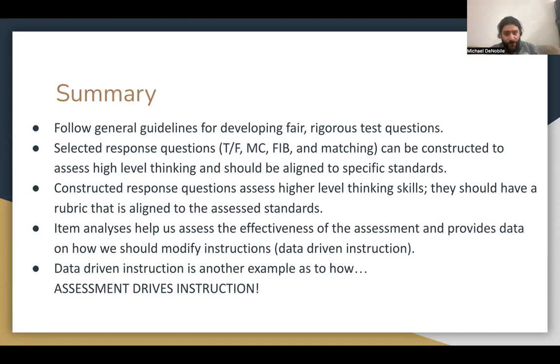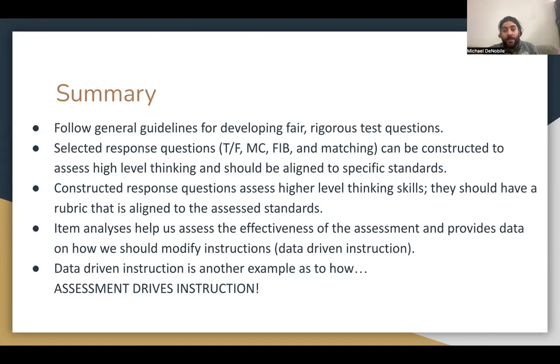What type of verbs do they use? How do they write the subjects of the questions? How do they construct the answer selections, the answer options? That's how you figure out how to create a high level thinking question.